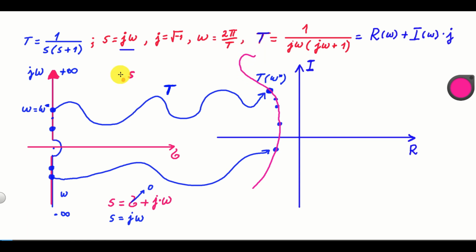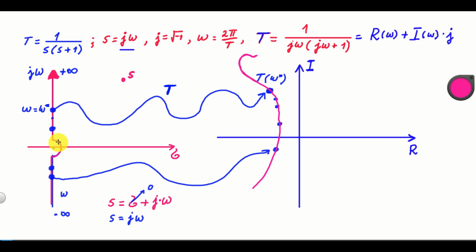Again, let's summarize. Nyquist plot maps the imaginary axis in our original plane to a graph in the transformed plane, where the mapping is performed by the transfer function T. Now, some of you might wonder, what is the purpose of this semicircle over here?